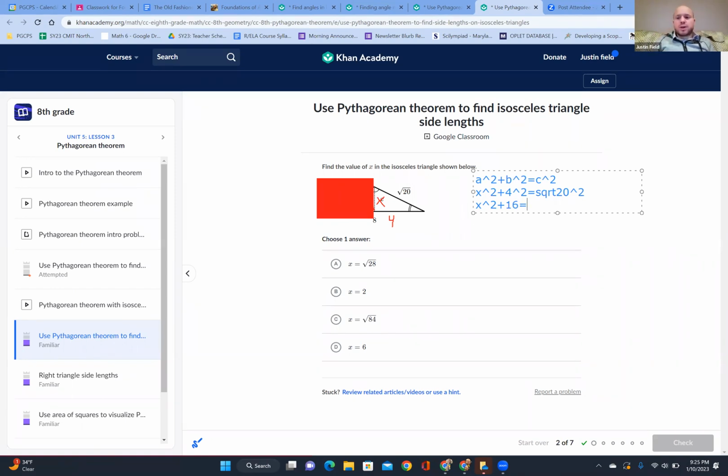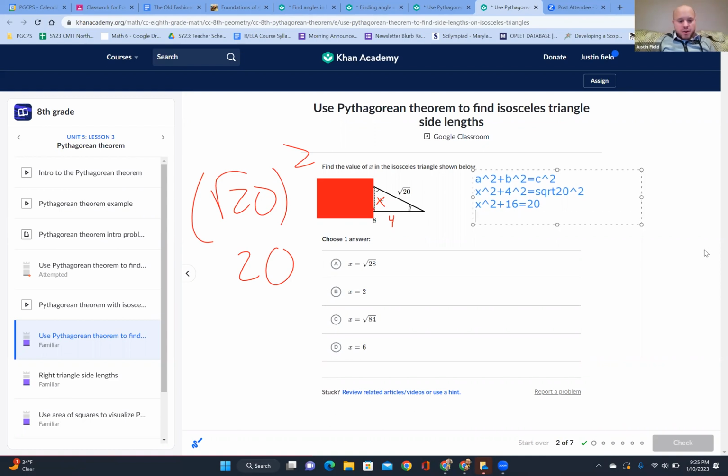And the square root of 20 squared is just 20, because the square root and the squared are inverse operations. So now we've got x squared equals 4. Square root of both sides. What's the square root of 4? 2. So x equals 2. So we got that.